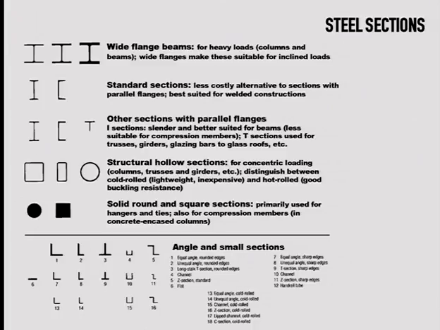Just bear in mind these wide flange beams are the standard sections, and in some cases we'll use these hollow sections. Most of the times we use the hollow section when we get compression forces, all right? And this type of wide flange beams or I-beams, they're used when we want to resist bending moments, all right? And they're not really subject to compression, like a joist, okay?